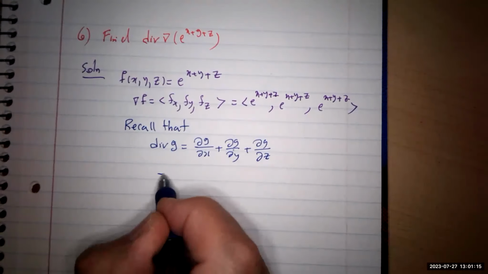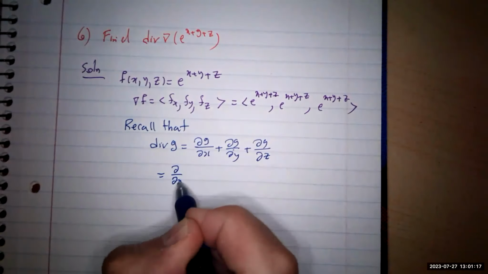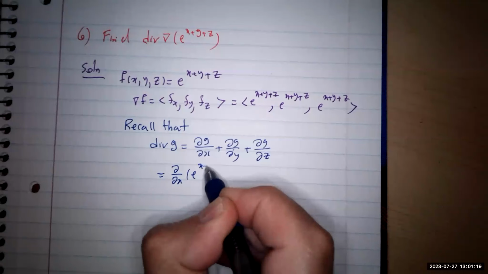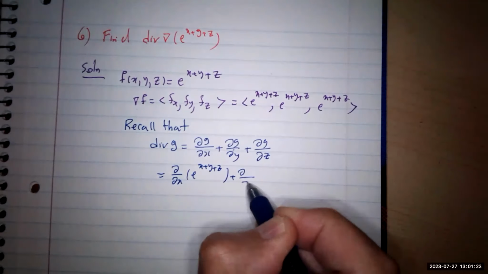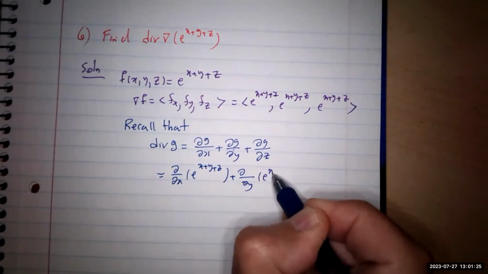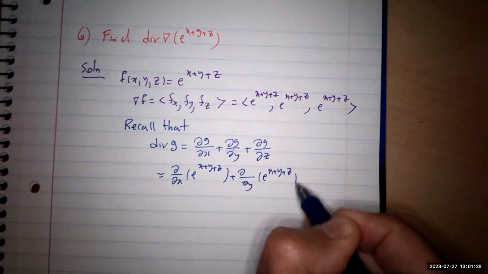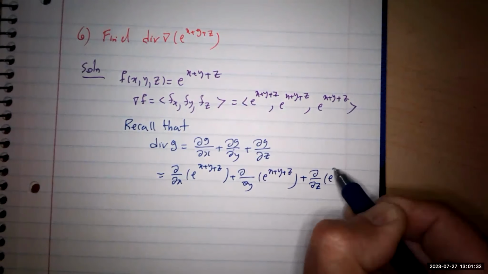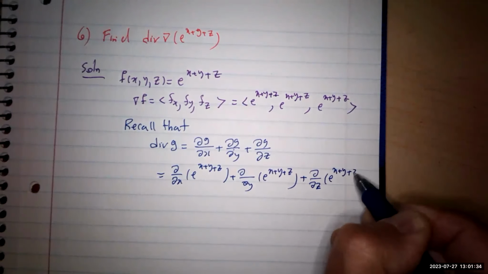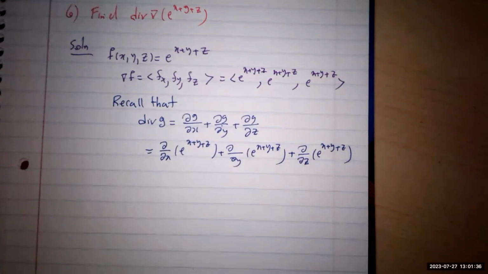It's going to be equal to ∂/∂x of the function e^(x+y+z), ∂/∂y of e^(x+y+z), and ∂/∂z of e^(x+y+z). Just make sure you have the formulas available.